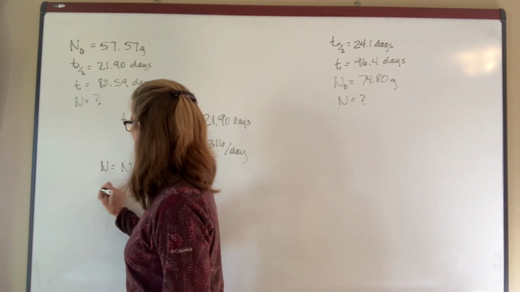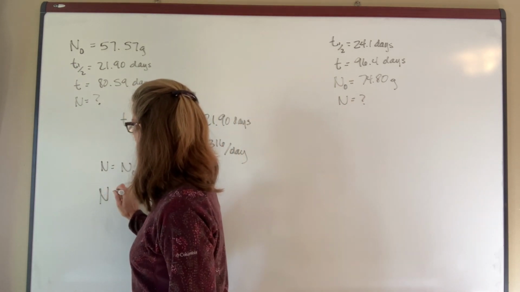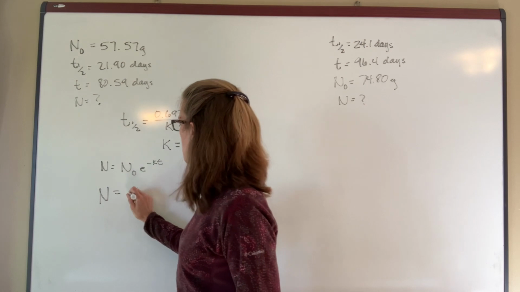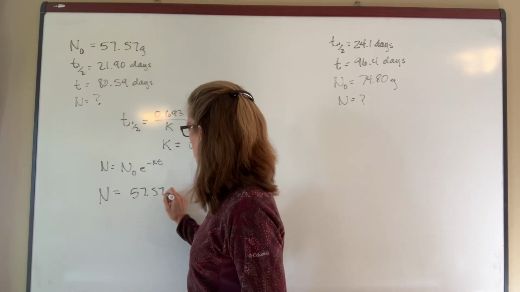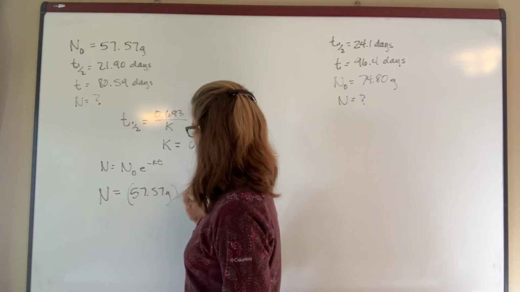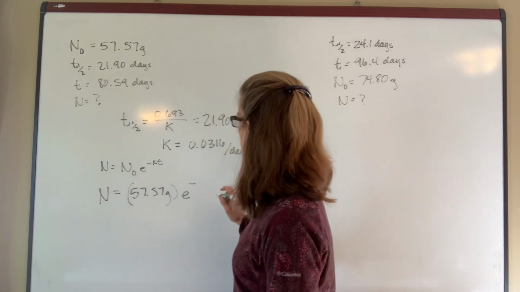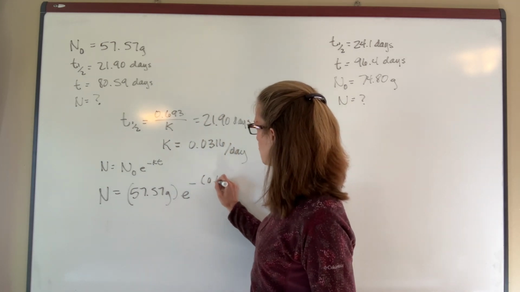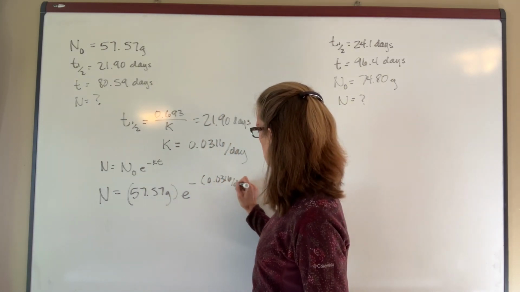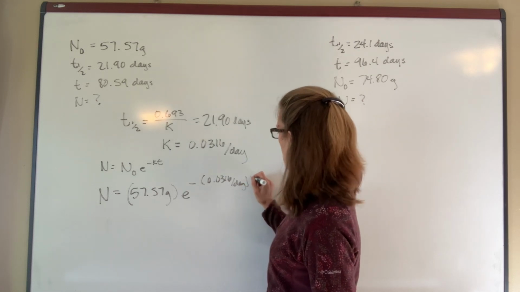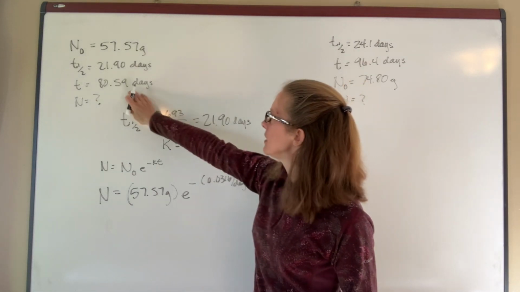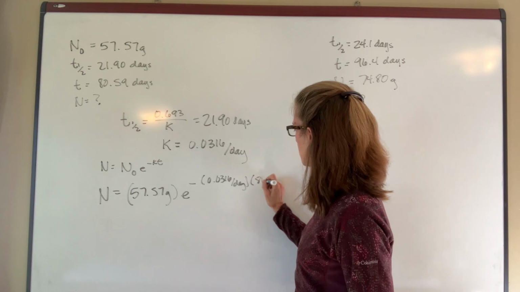So N is what I'm trying to find. My N sub 0 was 57.57 grams. And then I'm going to have e to the negative K, which is 0.0316 per day, times the time, which is 80.59 days.